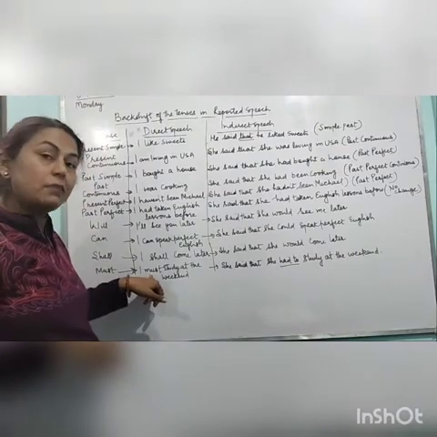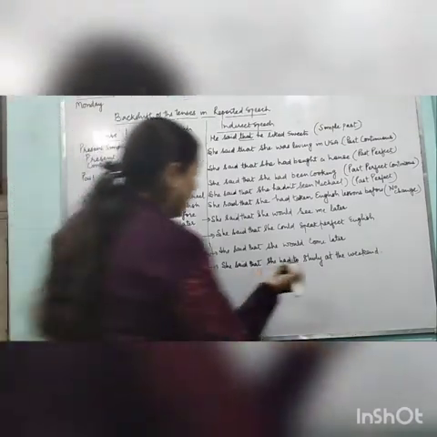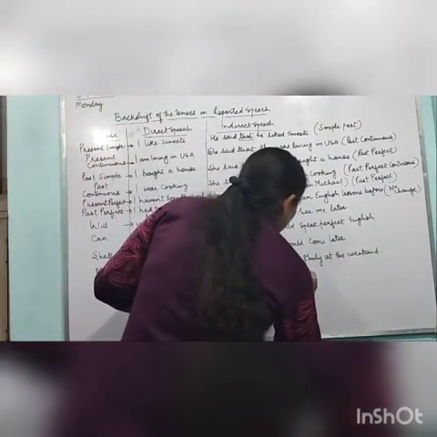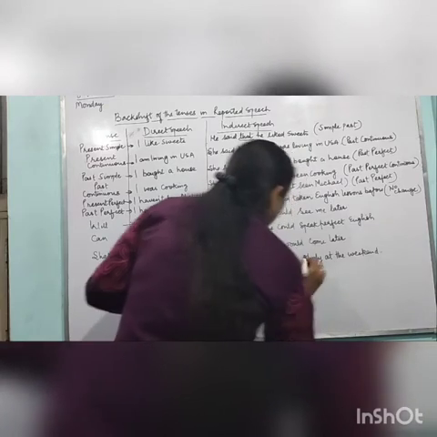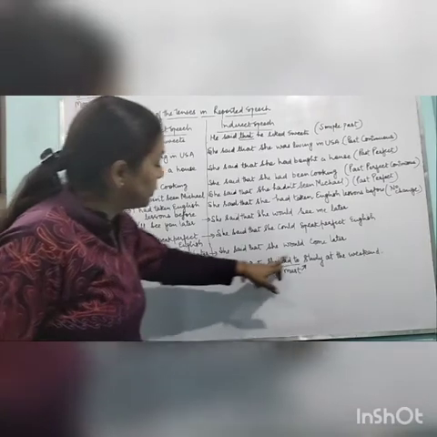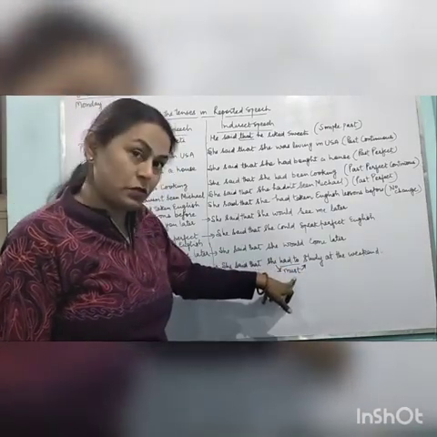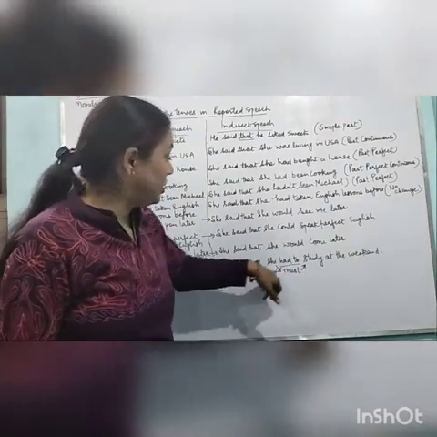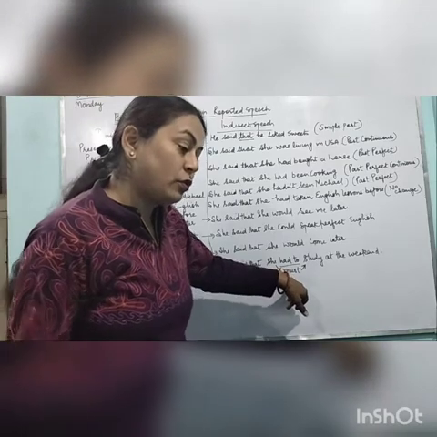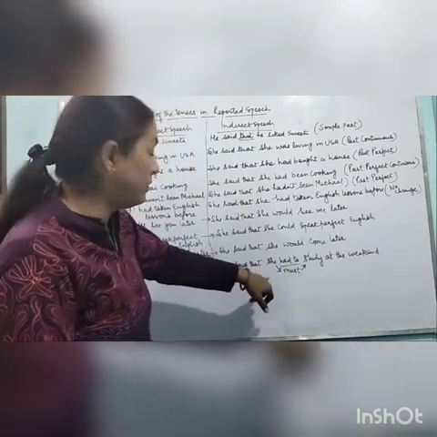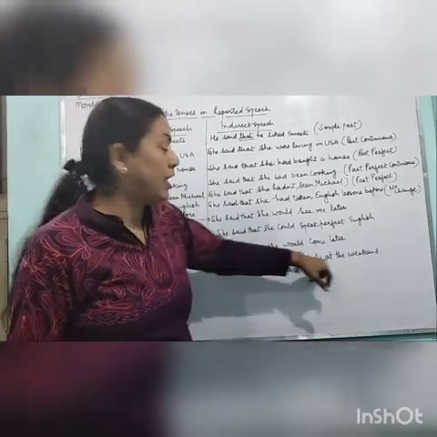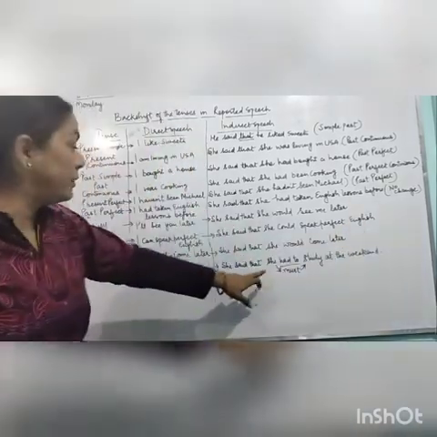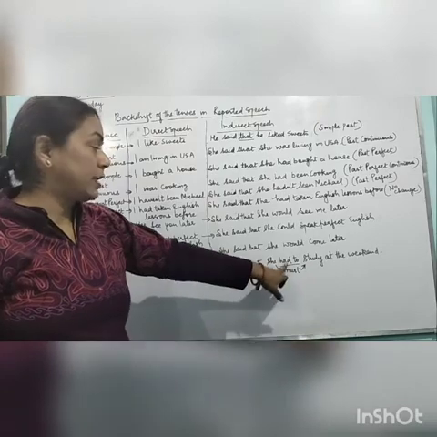Otherwise आप must का must भी रख सकते हैं. Okay, she must study भी आ सकता है, ये भी आ सकता है, ठीक है. You can use had to or you can use must also. She said that she must study at the weekend, or she said that she had to study at the weekend.